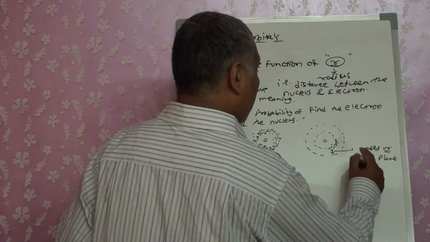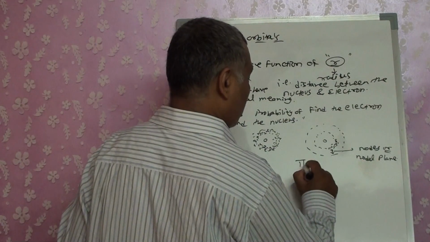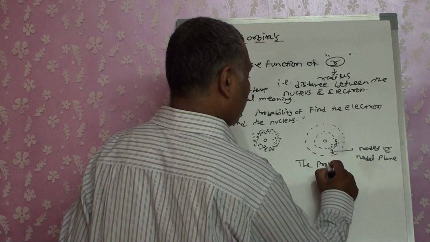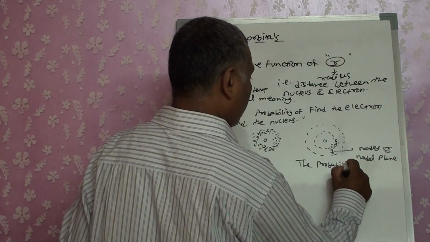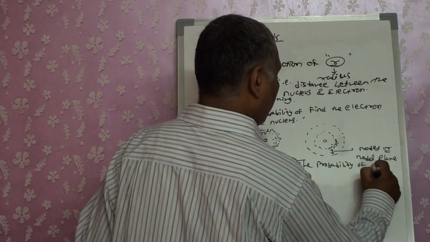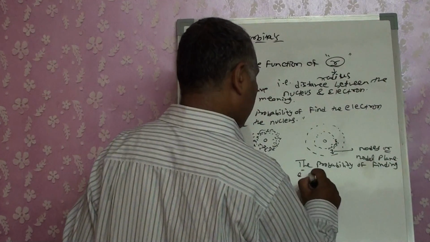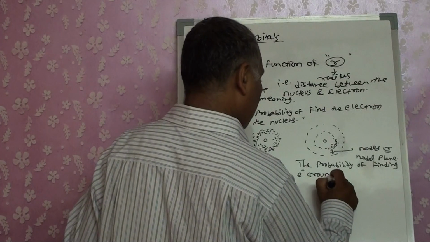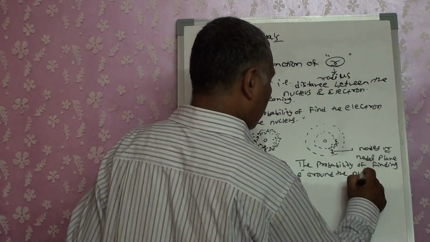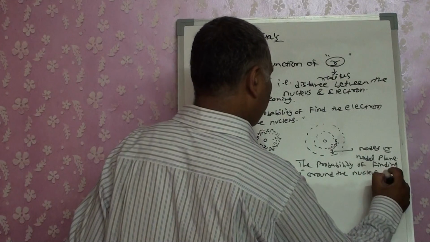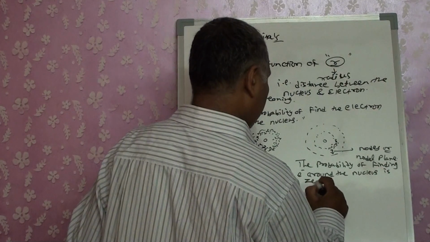That means the definition of it: the probability of finding electrons around the nucleus is 0.